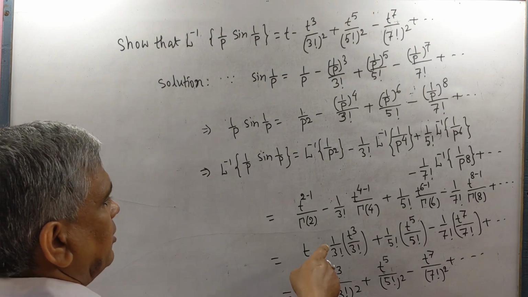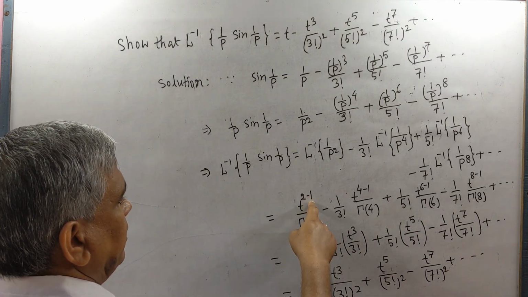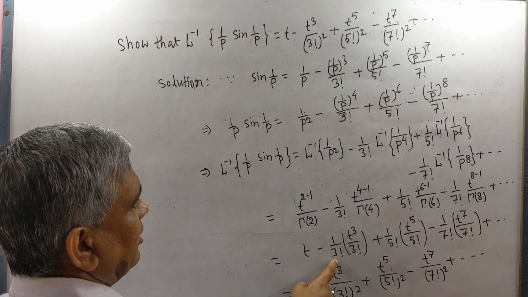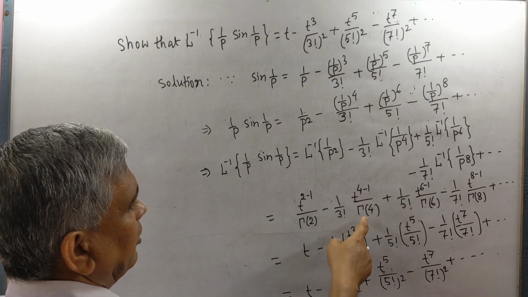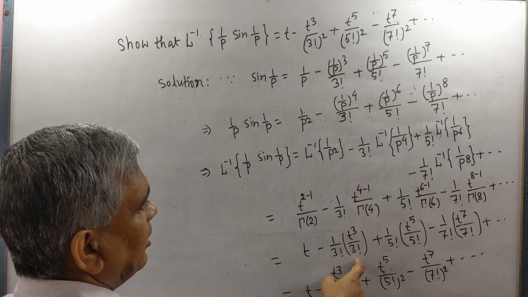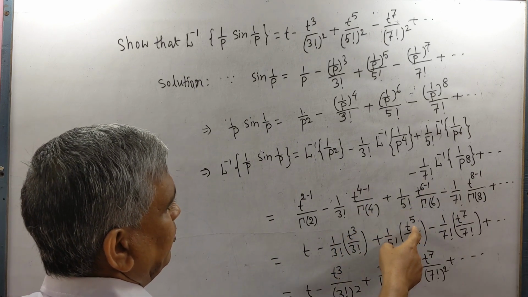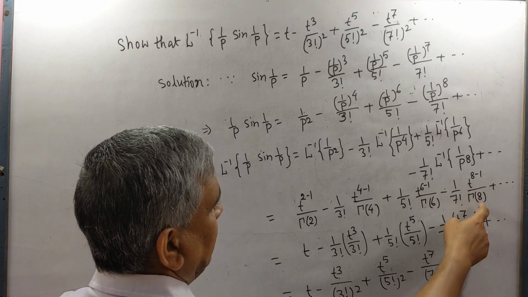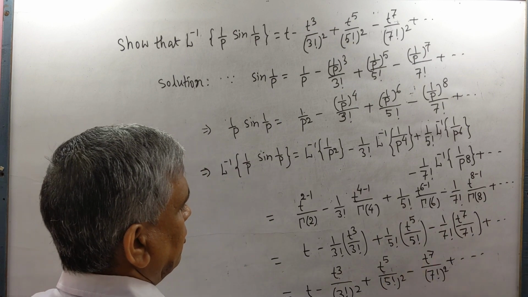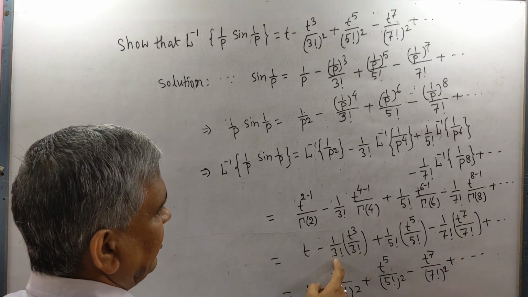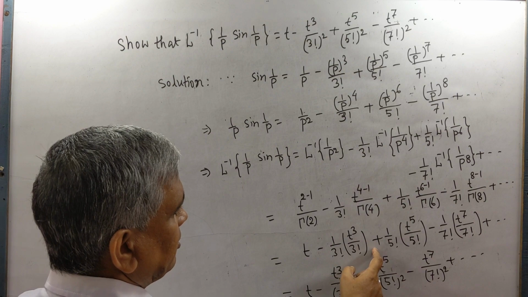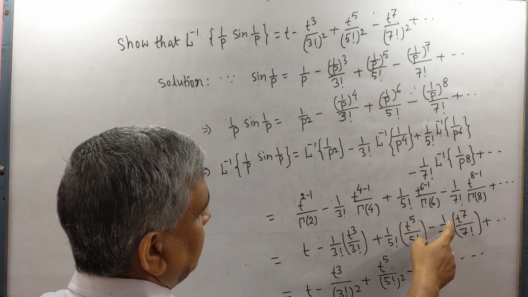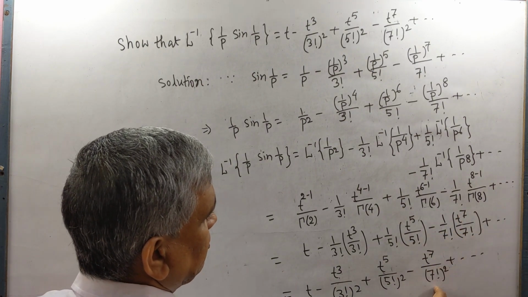So we get t, only t, gamma 2 equal to 1, minus 1 by factorial 3, t cube, gamma 4 is factorial 3, t to the power 5, gamma 6 is factorial 5, t to the power 7, gamma 8 is factorial 7. So we get t minus t cube by factorial 3 square plus t to the power 5 by factorial 5 square minus t to the power 7 by factorial 7 square plus dot dot.